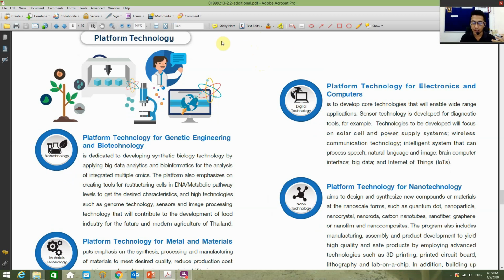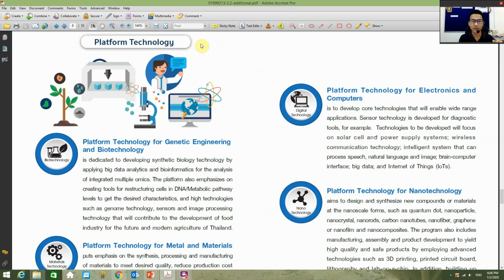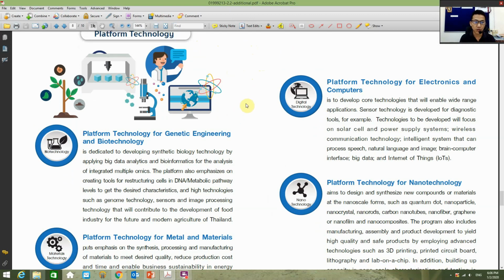If you remember the four core technologies that we have been developing throughout the years, today they are still here within the new name of platform technology. If you remember, we have biotechnology, ICT, materials technology, and also nanotechnology.